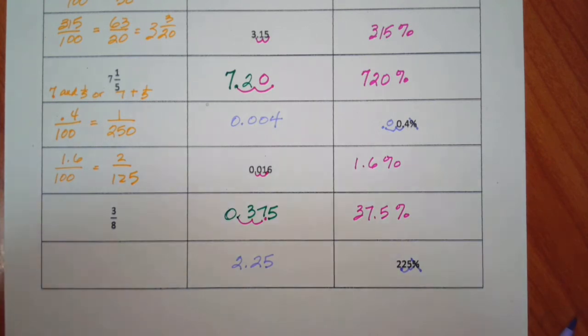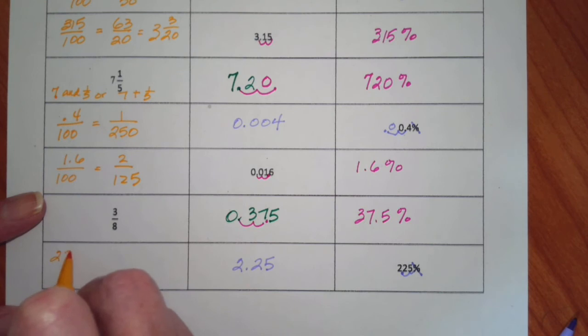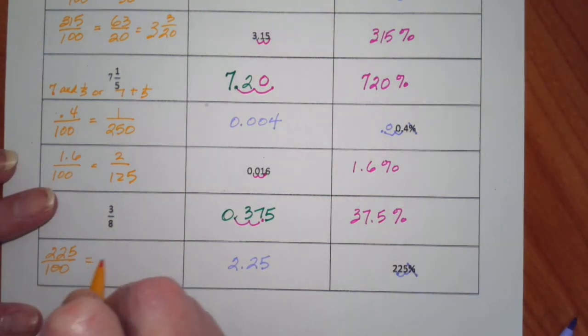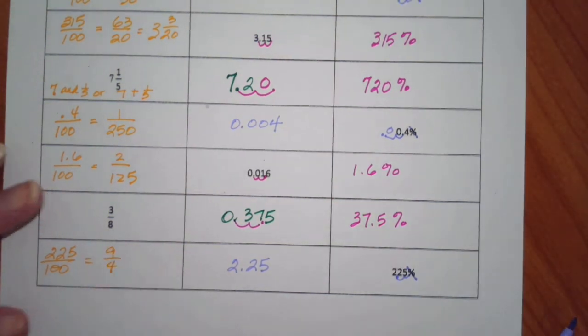And finally, if I take 225 divided by 100, I get 9/4, which is a little bit over 2.